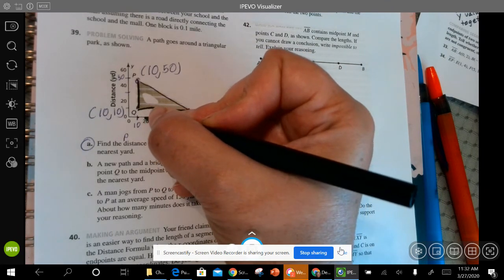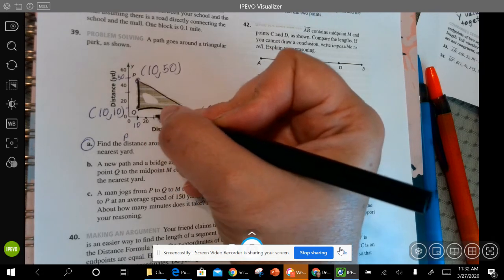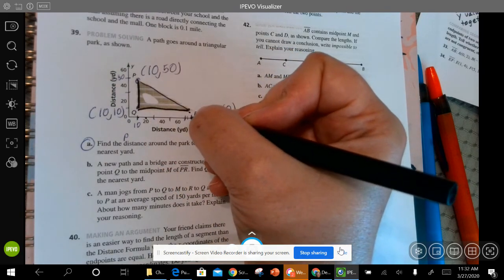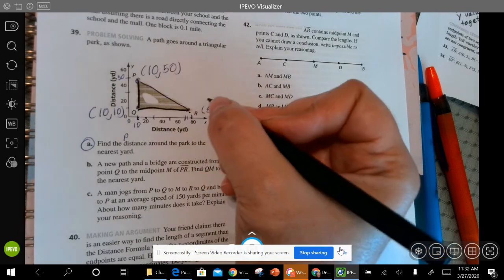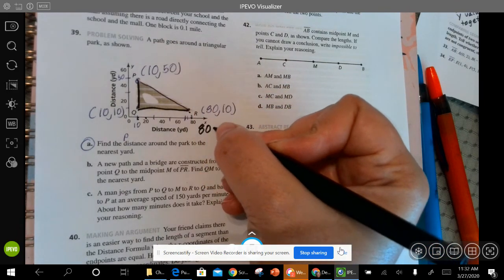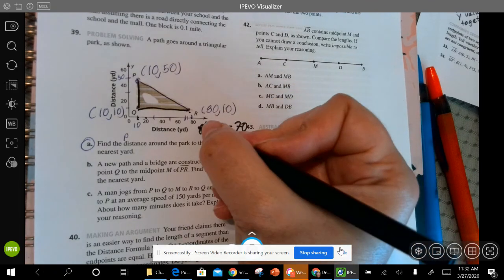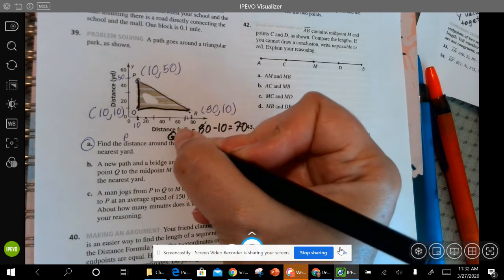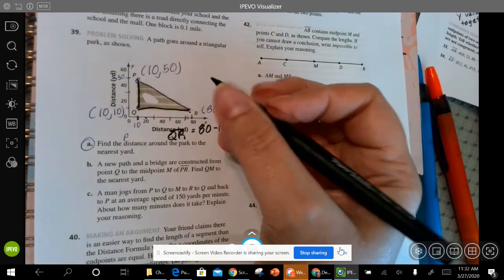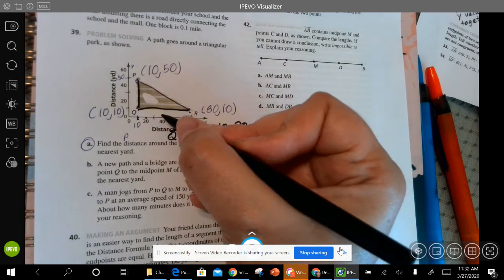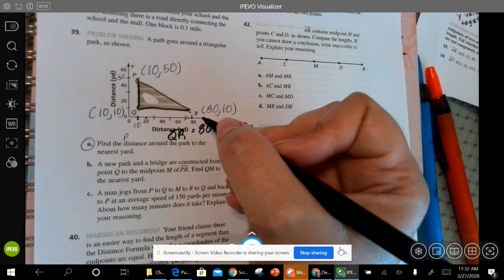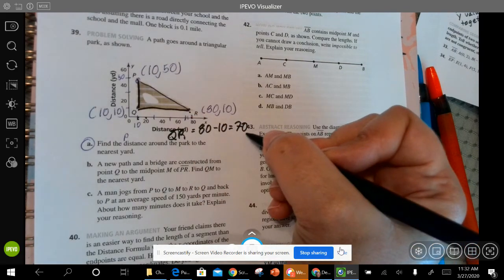So 10, 20, right? So this distance here is between 10 and 80. So 80 minus 10 is 70. Okay, so that's the distance for Q and R. That's this one. And it says yards. So 70 yards.